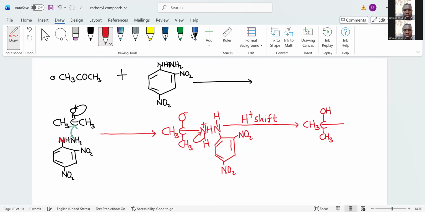Also, this carbon is bonding with N, which has H, bonding with another N with H. That N has a benzene ring with NO2 and another NO2.